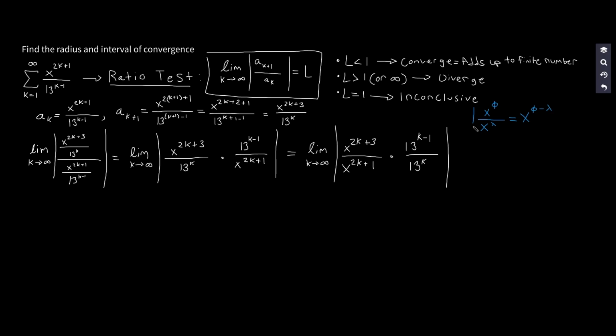They're just meant to show that if you have x raised to the power of phi over x raised to the power of lambda, where phi and lambda represent any number, that's the same thing as x raised to the power of phi minus lambda.